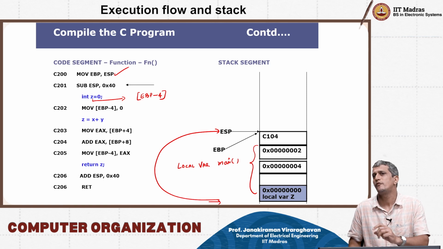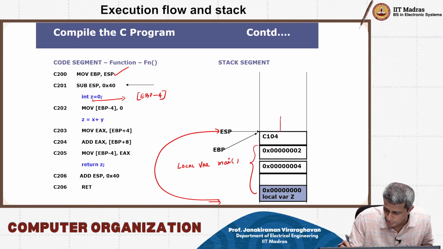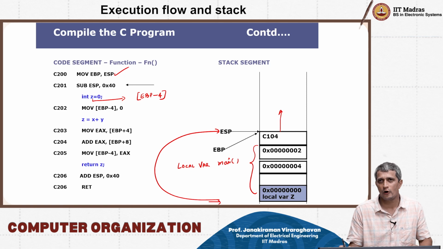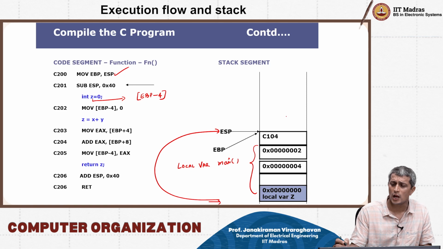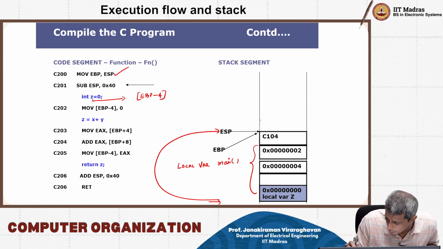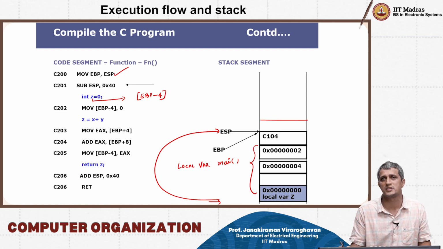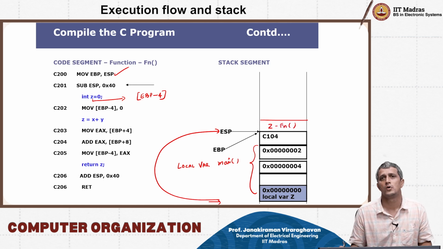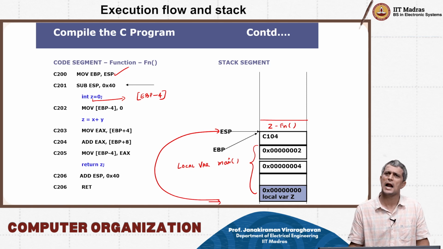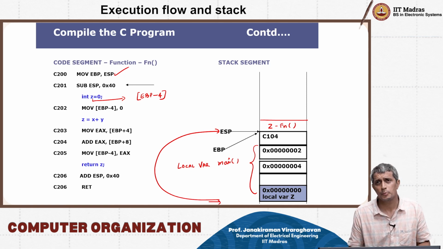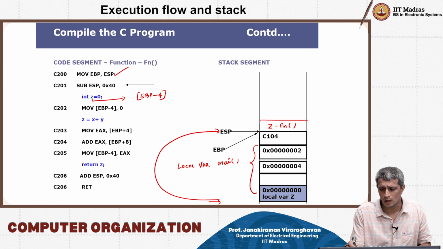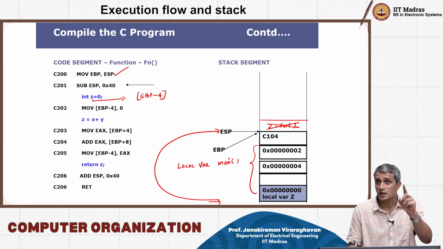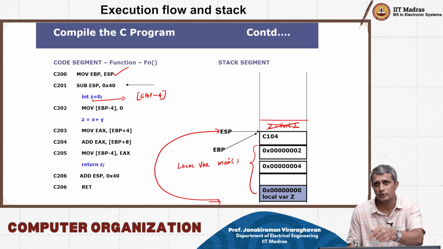For example, if I do not allocate any local variable space for the local variable z of function fn, and let's say I call another function. What will happen? The stack pointer is pointing here, and the call will just override this, because the return address will get onto the top of the stack.